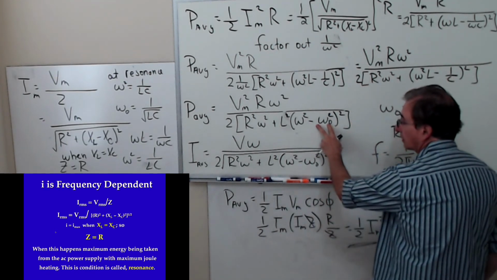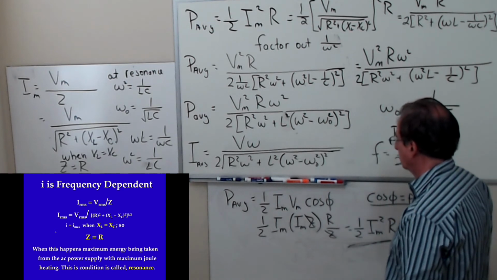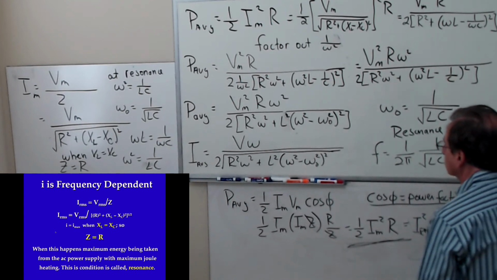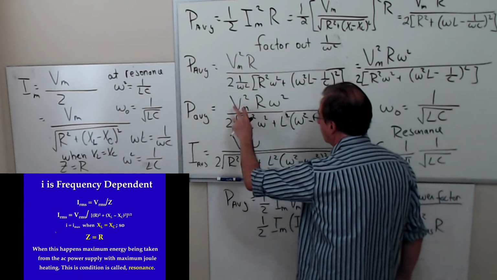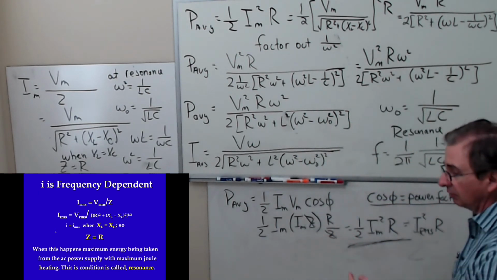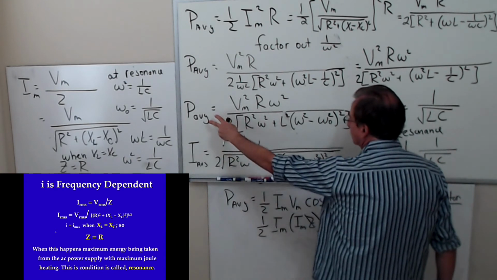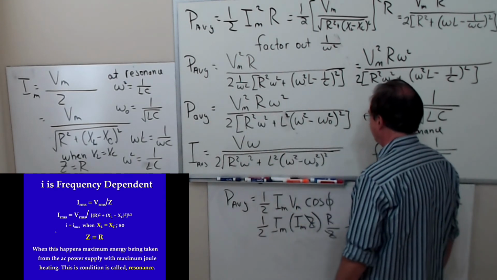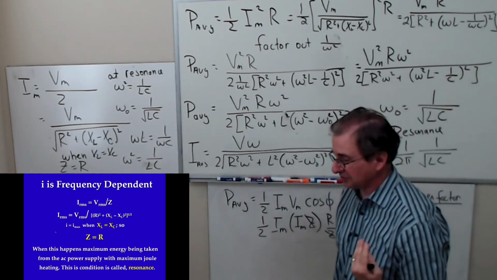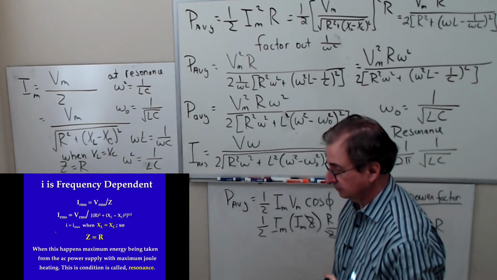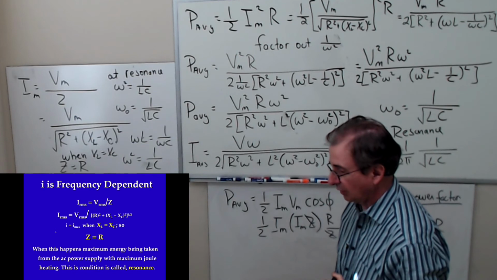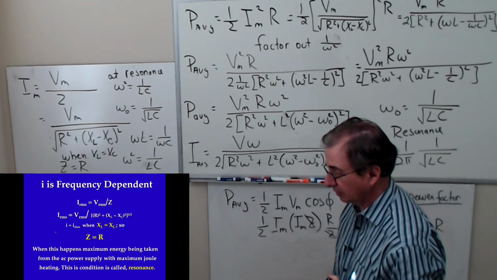This is squared. Okay? So these are other ways we can write everything in terms of omega. We can write it in terms of the resonance frequency. And you can show that this is maximized when these two are equal to each other. So how do I maximize that function with respect to omega?